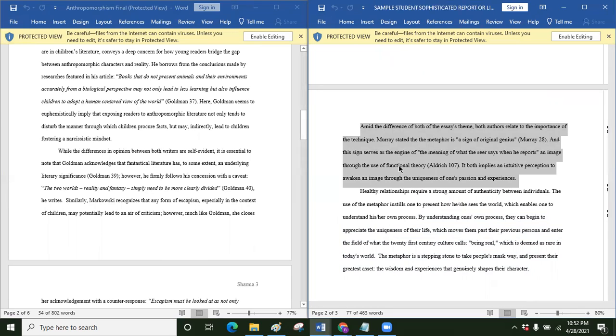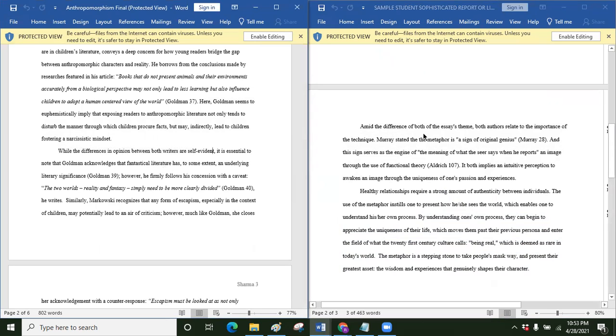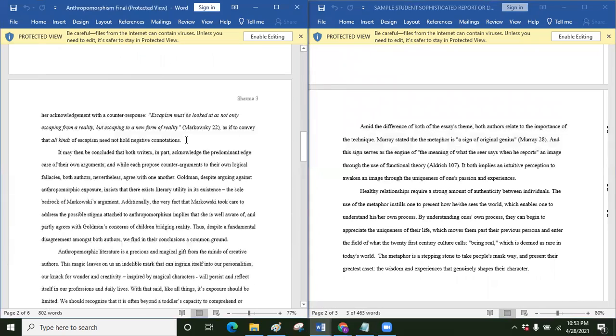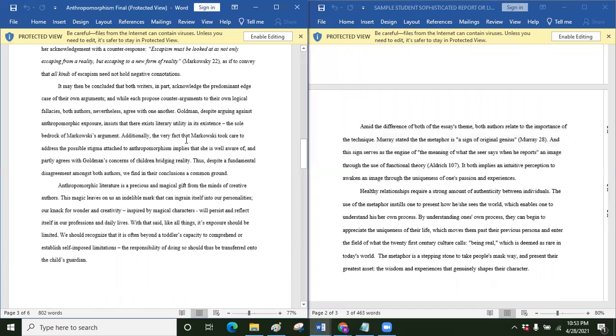So you can see that this person says "amid the difference," while I say "while the difference in opinion between both writers is self-evident." So it's sort of acknowledging that both had some points that they agreed with, and some points that they disagreed with. It is not your job to pass a judgment on who's right. I think that's important.